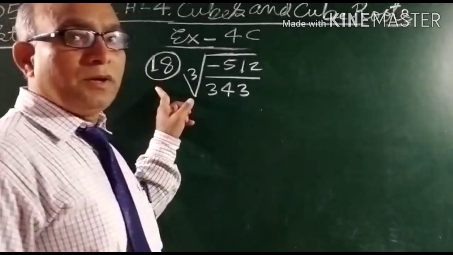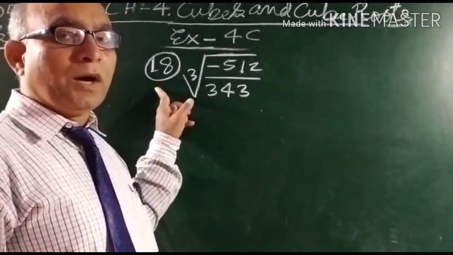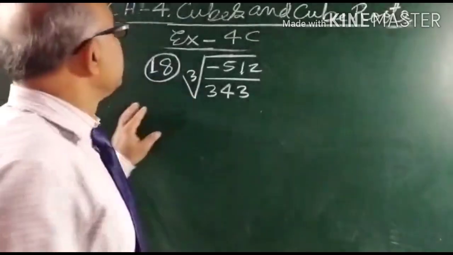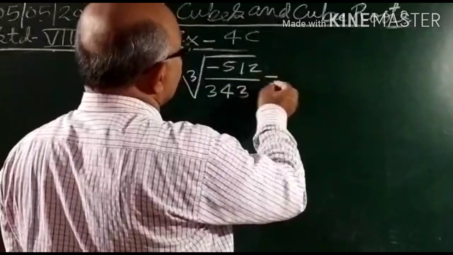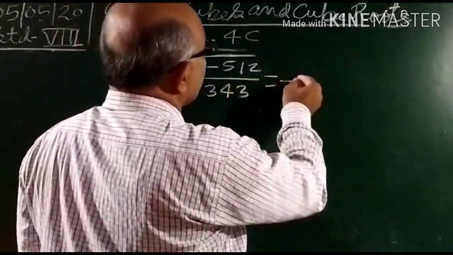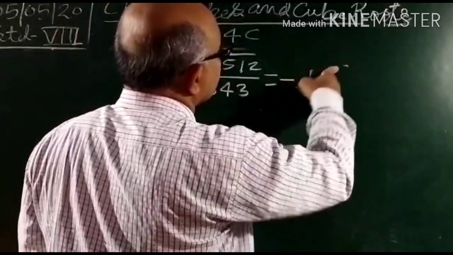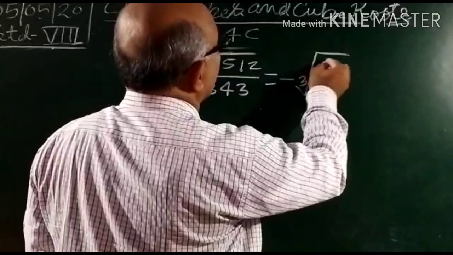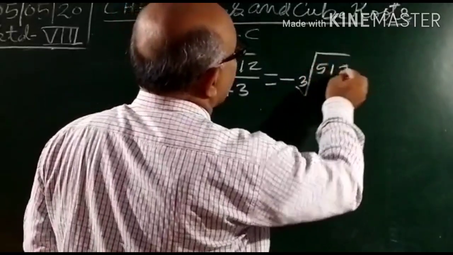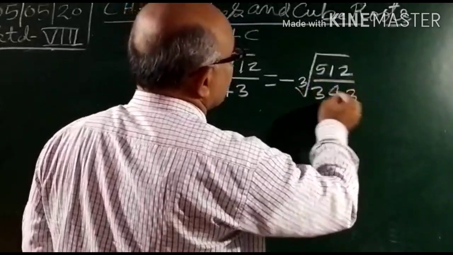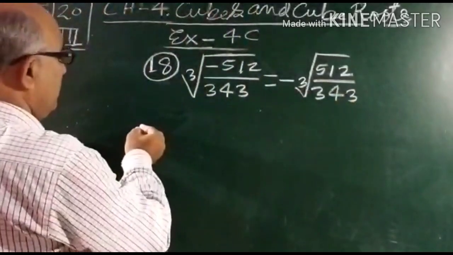Find cube root of minus 512 by 343. So it is changed into, cube root of a negative number is negative, so minus cube root of 512 by 343.